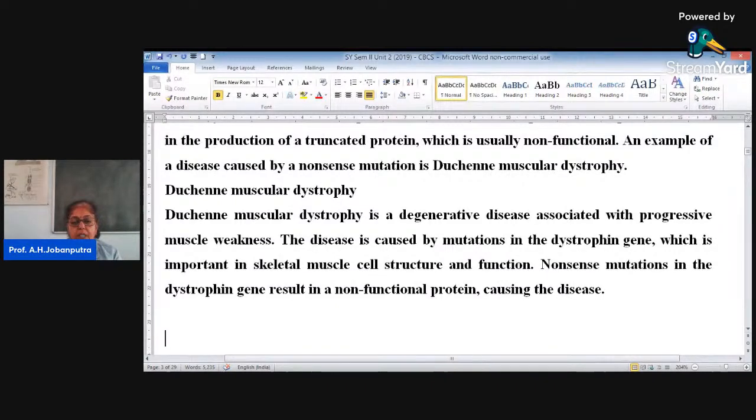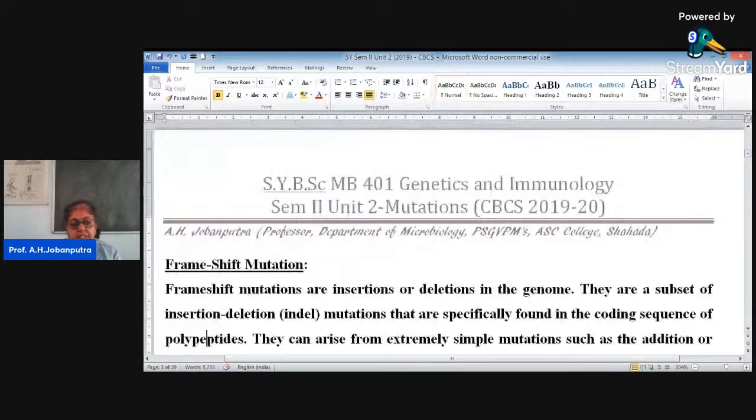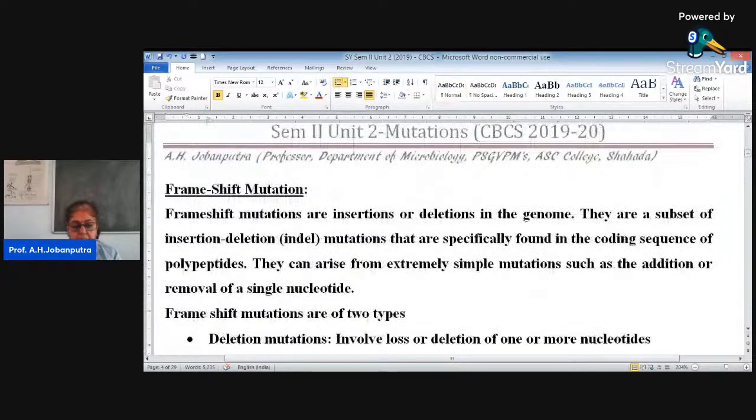This disease is caused by the mutation in the dystrophin gene. This dystrophin gene is very important for skeletal muscle structure and function. So if there is mutation in the dystrophin gene, it will result in a protein which is non-functional or weak or incomplete, and that results in Duchenne muscular dystrophy type of disease ज्याच्यामध्ये muscular weakness असते.